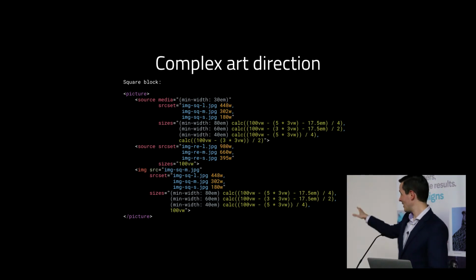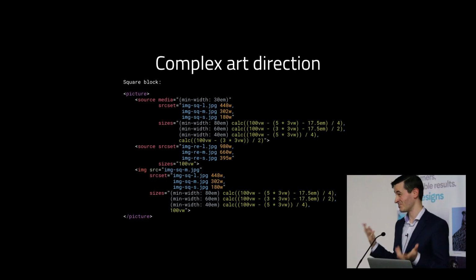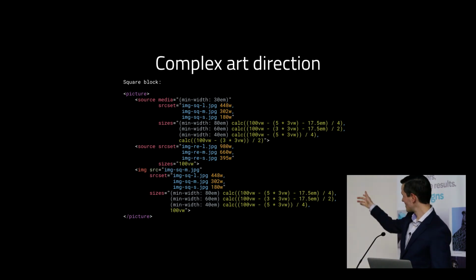Now I have added some extra stuff onto the image tag itself as a fallback. There was a stage where some browsers were being a little bit funny. Ordinarily, we could just have the image tag on its own and rely on the sources, but that's there as a bit of a help. For the squares, it's the same deal: 100 minus the gutters, minus the sidebar, but divided by either 4 for 4 across, or 2 for when it's 2 across.